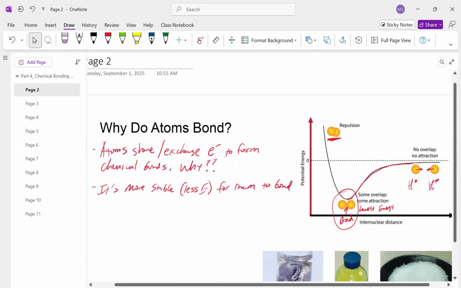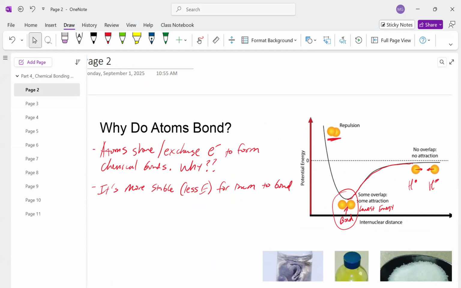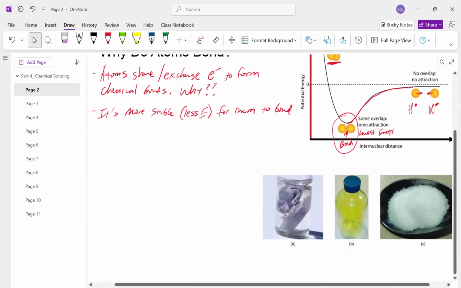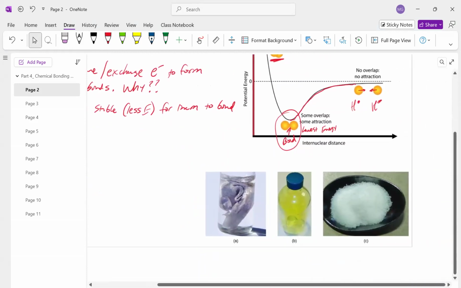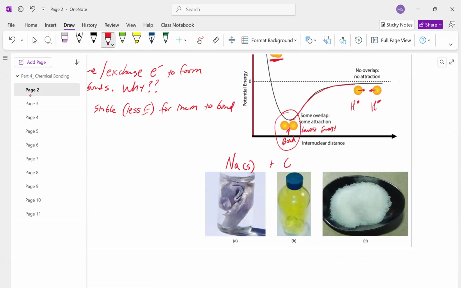And one of the cool things about bonding is that the properties of the compounds can be completely different than their parts. So let's take, for example, sodium. We can take sodium metal and react it with chlorine gas. Individually, sodium is a very, very reactive metal, and chlorine comes as a gas.